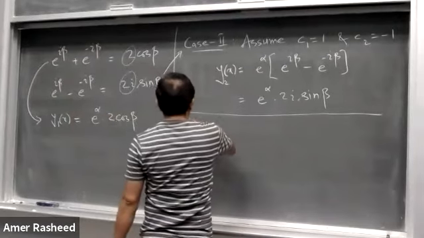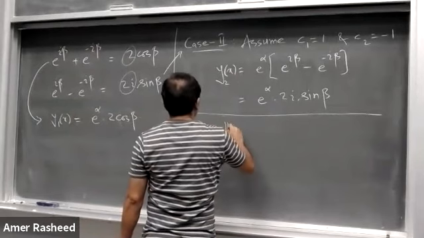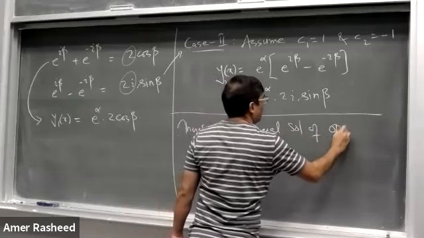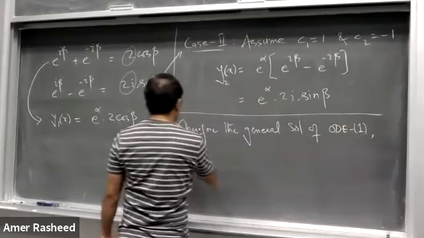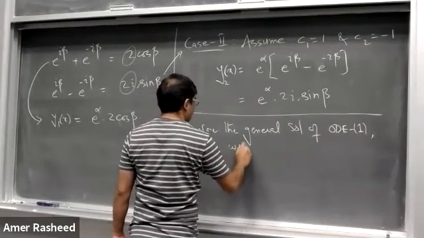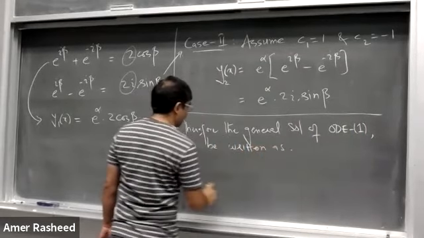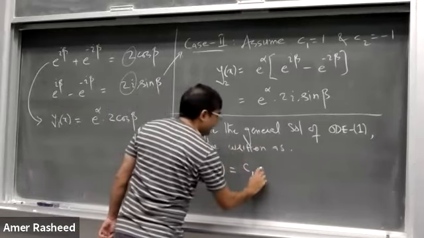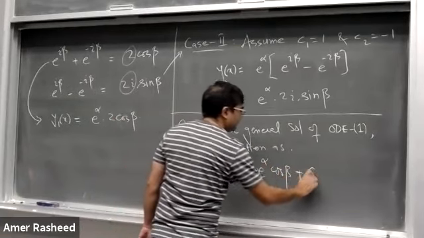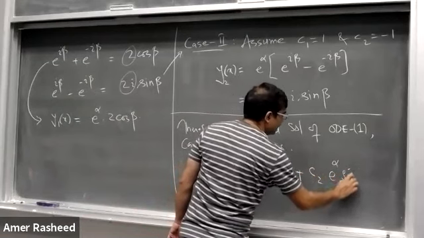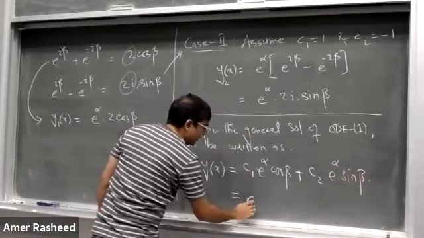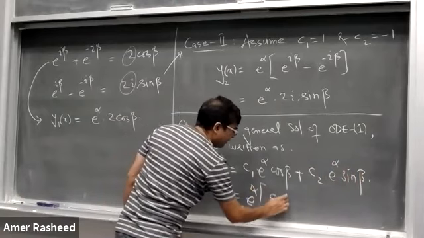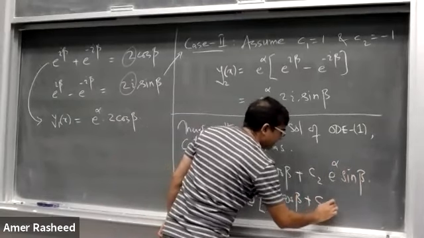Therefore, the general solution of ODE 1 can be written as y of x equal to C1 e raised power alpha cosine of beta plus C2 e raised power alpha sine of beta, which we can further write by taking e raised power alpha common outside: e raised power alpha times C1 cosine of beta plus C2 sine of beta.